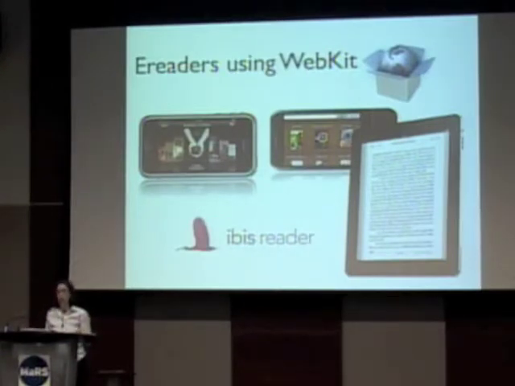I don't know this for sure, but I will bet a bazillion dollars that the iPad iBooks application is WebKit. I'm just sure of it. And the application that we launched, the web HTML5 reader, Ibis Reader, also uses WebKit because WebKit supports HTML5, which is this next generation of HTML and CSS, and there are some specific implications there for ebooks that I'll talk about.